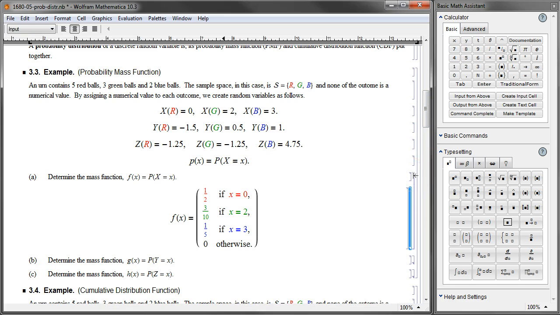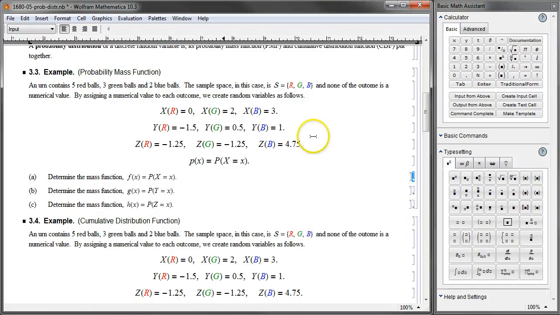Now, this can be tricky, so let's do this multiple times. Let's use the second random variable this time, and let's define our mass function. Let's change this definition appropriately too. I should have done that in a previous example too. Let's do it like this, because the random variable is now capital Y, and that mass function is given as g of x.